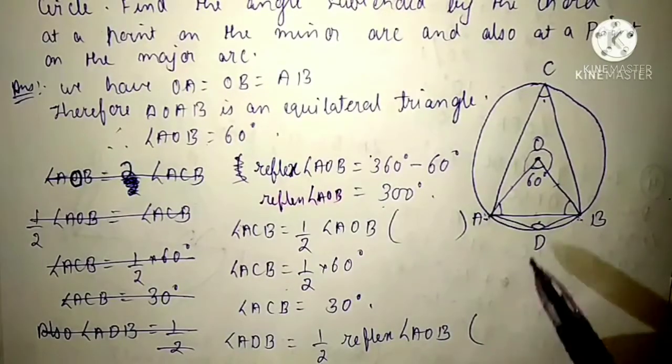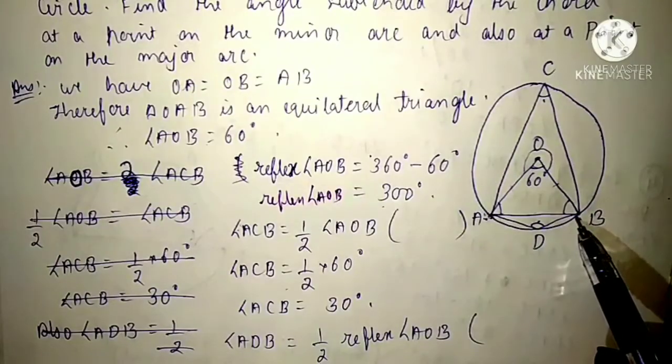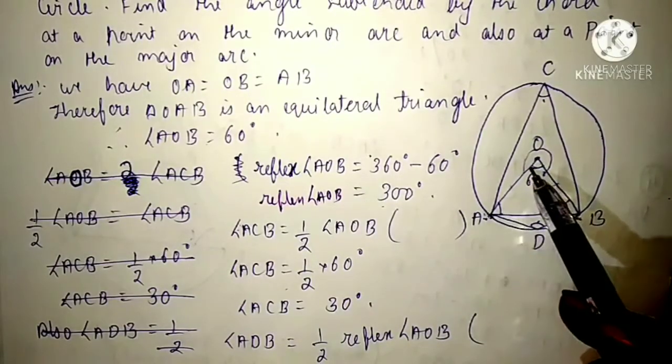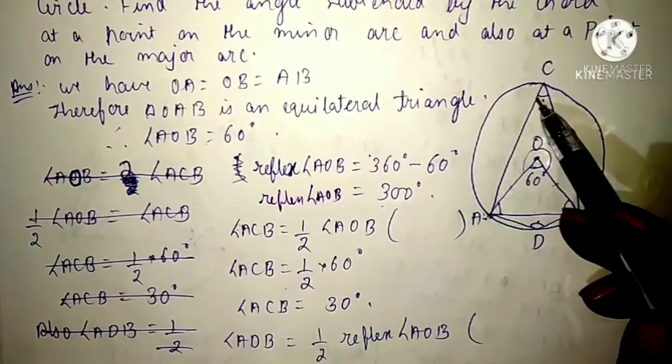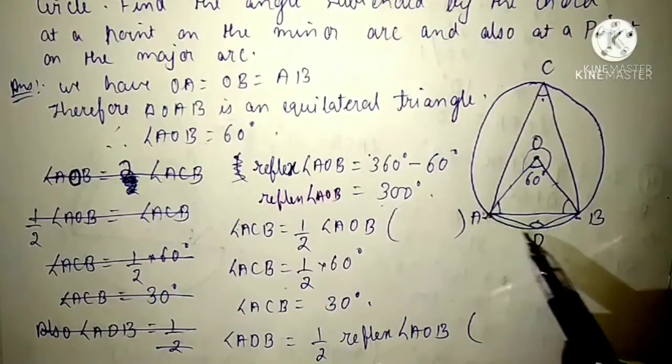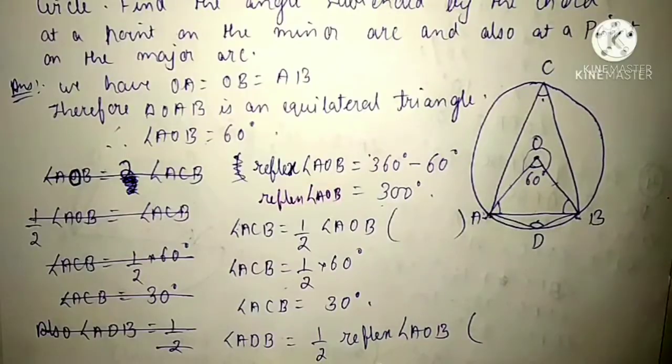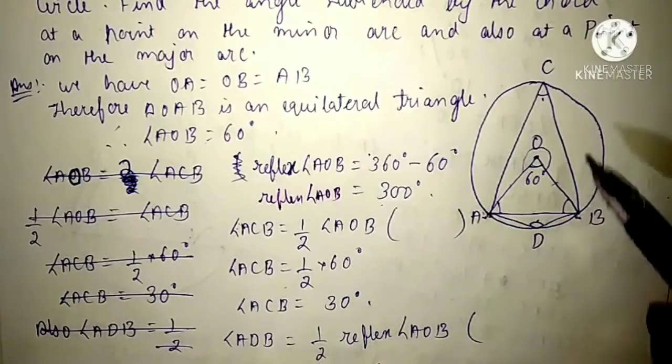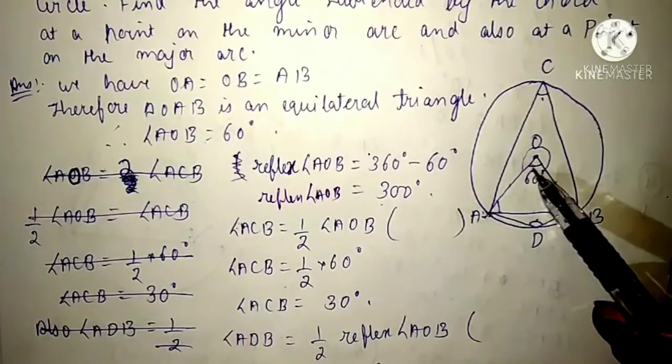Now this is arc AB, this is the angle formed at the center and this is the angle formed at any other part of the circle. This AB is the minor arc. So this angle will be half of this angle.